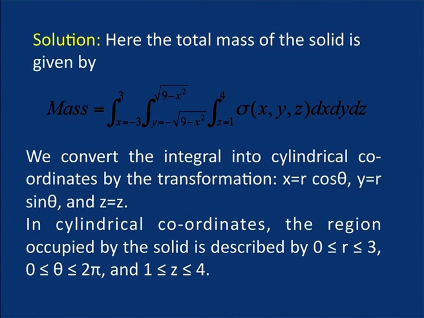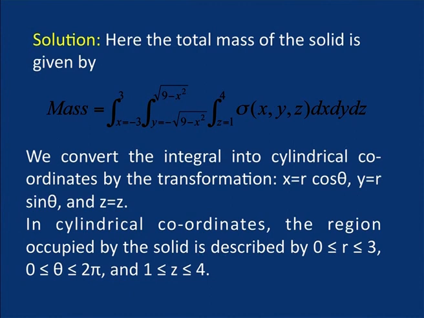Here the limits represent the radius of a circle, and then y in the form of a circle and z are constant. We convert the integral into cylindrical coordinates by the transformation x is equal to r cos theta, y is equal to r sin theta and z is equal to z.